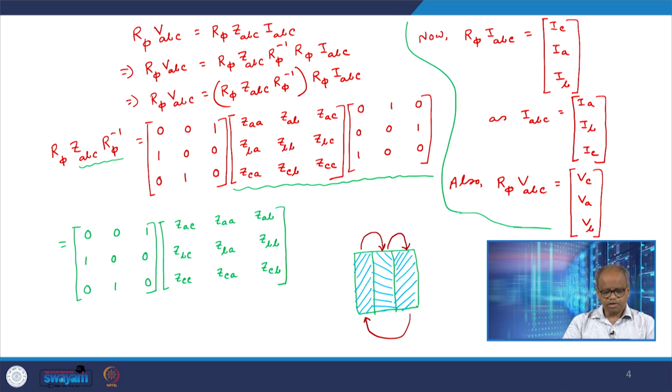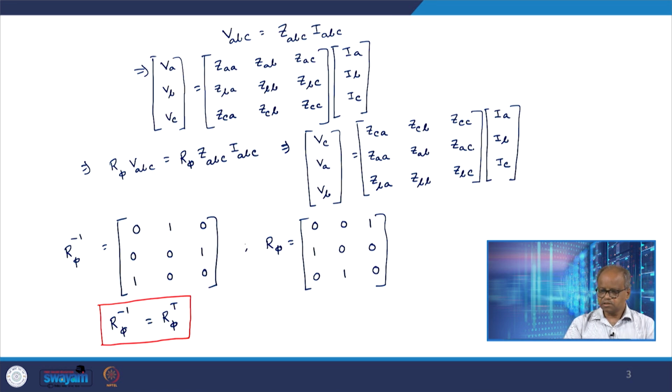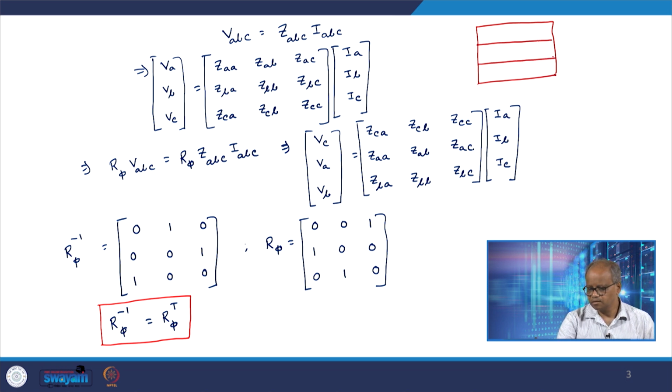We can also represent the same in the case of pre-multiplication. Suppose I have a matrix like this, and let us say these are the rows.